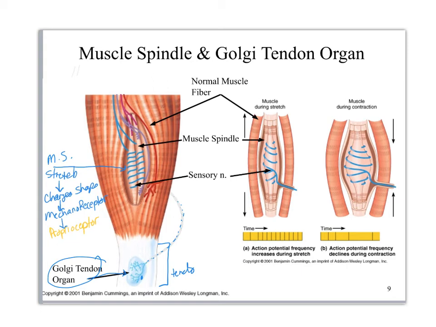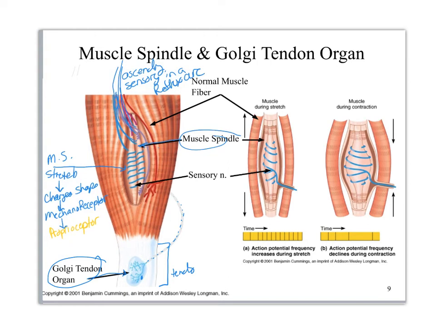Okay, so we're going to take this muscle spindle. So here we've got it right there, and you can see the sensory neurons that are attached to it, all right, that are going to go back and send ascending sensory information in a reflex arc to the spinal cord.